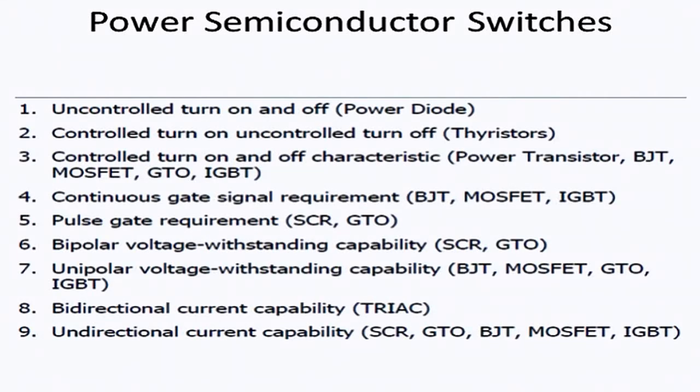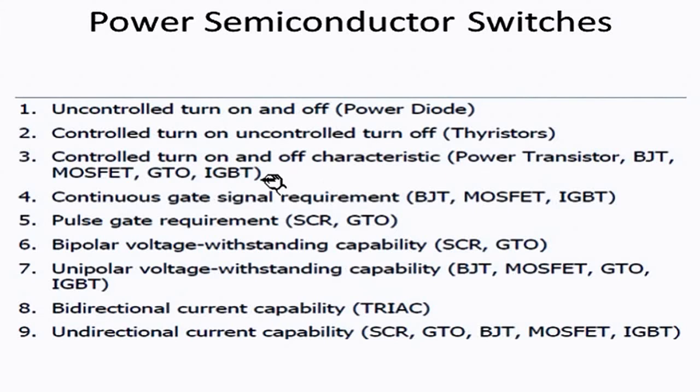So once again, here is a recap of what we have seen already. Uncontrolled turn on and turn off: example is power diode. Controlled turn on and uncontrolled turn off: example is thyristor or SCR. Controlled turn on and controlled turn off: examples are BJT, MOSFET, GTO and IGBT.